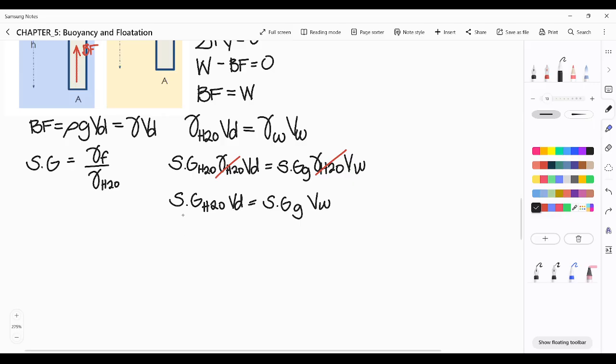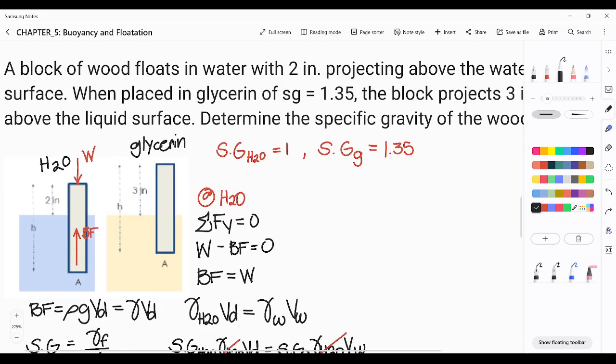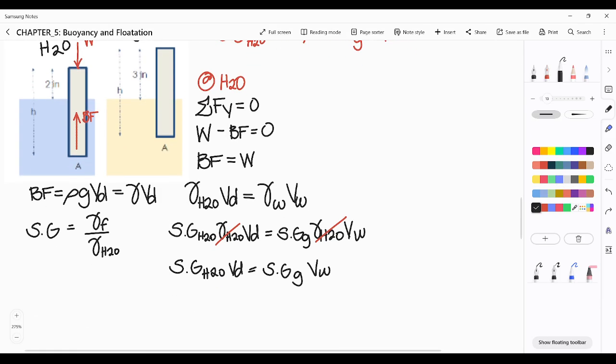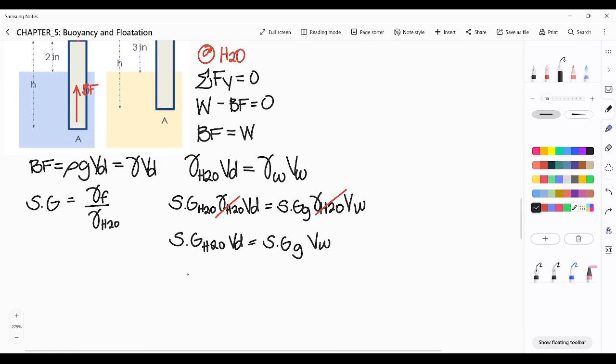And we all know that the block has a uniform area. Although it's not given, it's indicated here in our diagram, magka-cancel lang din siya. So let's write. Specific gravity of H2O is 1. Sige, sulat na natin. 1, 2, and then the area.